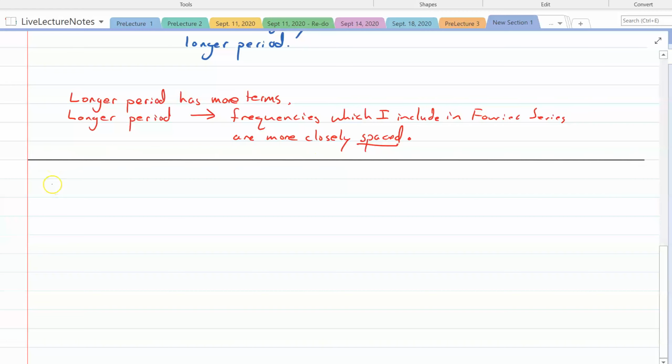Let's think about a function f of x, which has L equals pi, and I'm going to write out the complex Fourier series for this function. So I'm going to write C0 plus, and I'm leaving these big spaces for a reason, which you'll see in a second, C1 e to the minus ix plus C2 e to the minus 2ix.